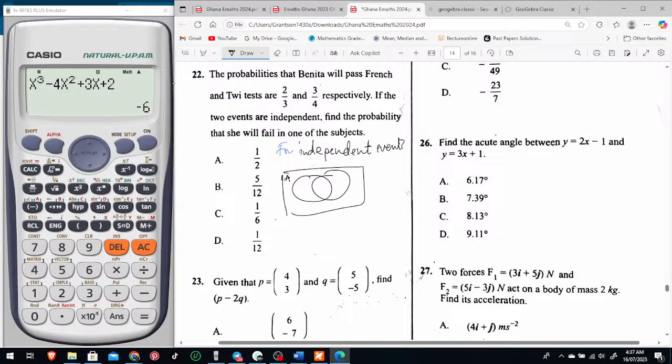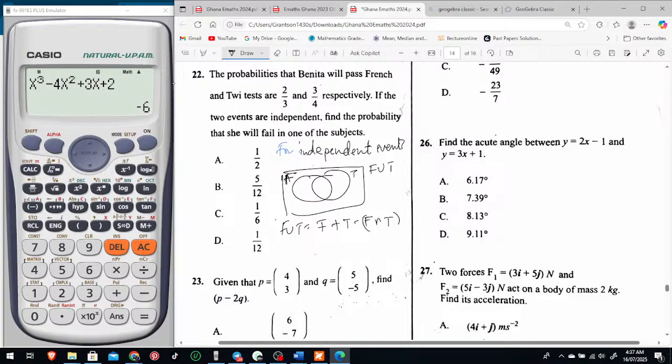If this is A, or let's say French and chi, French union chi, because the number of French plus, I forgot, plus the number of chi minus French intersection chi.